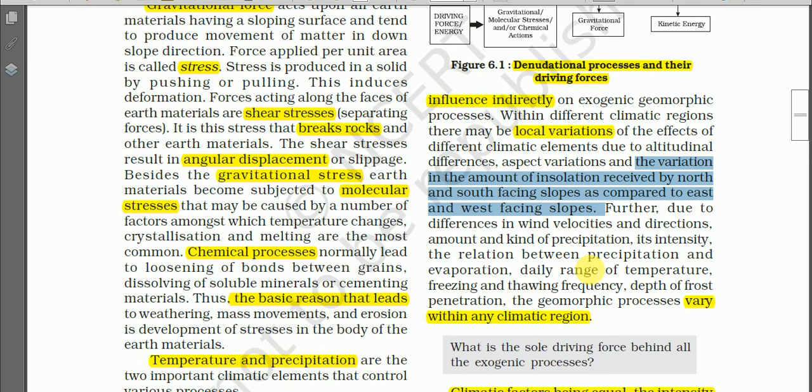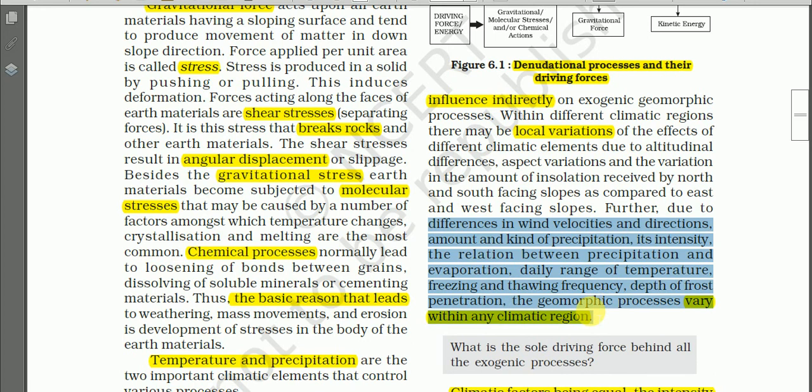And further, due to differences in the wind velocities, then direction, then amount and the kind of precipitation, then intensity of precipitation, and relation between precipitation and evaporation, then daily range of temperature, and freezing and thawing frequency, then depth of frost penetration, geomorphic processes vary within the climatic region.